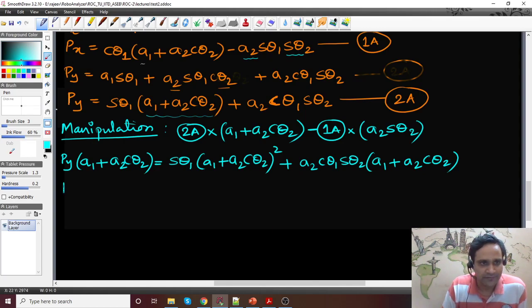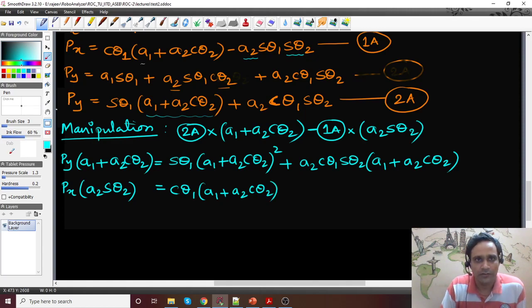So on the left side we have px, which is multiplied by a2 sin theta 2, is equal to, on the right side we have this big expression into a2 sin theta 2, that is cos theta 1 into a1 plus a2 cos theta 2 into a2 sin theta 2, this term, minus this guy.